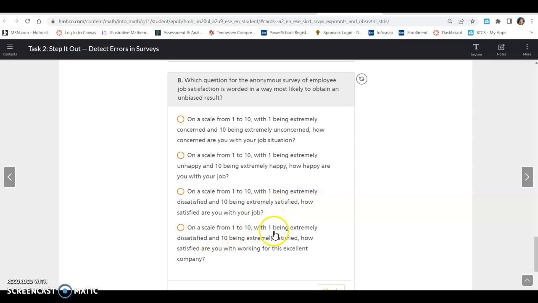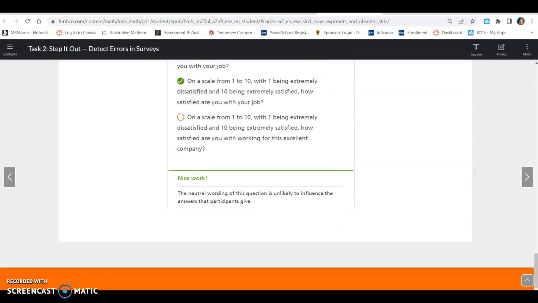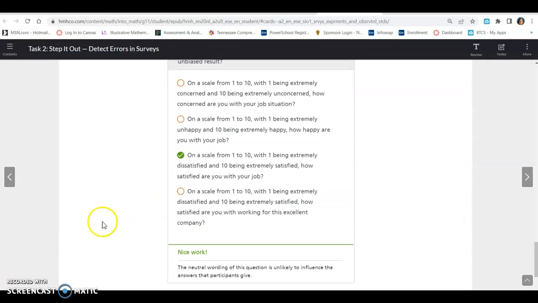On a scale of 1 to 10, with 1 being extremely dissatisfied and 10 being extremely satisfied, how satisfied are you with working for this excellent company? All right, so the fact that they're saying this excellent company, like they're trying to lean you one way or the other. So the best answer there is choice C. All right, that's all for task 2. If you have any questions, let me know.